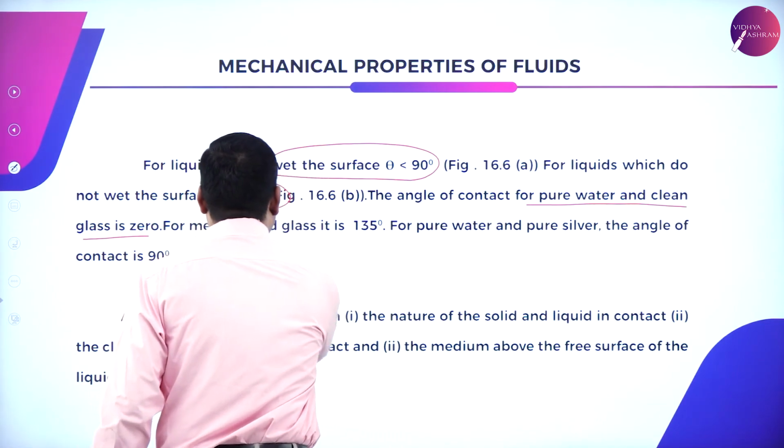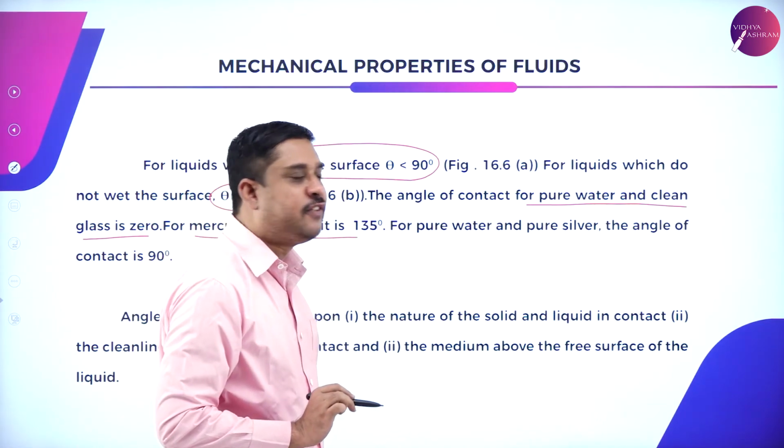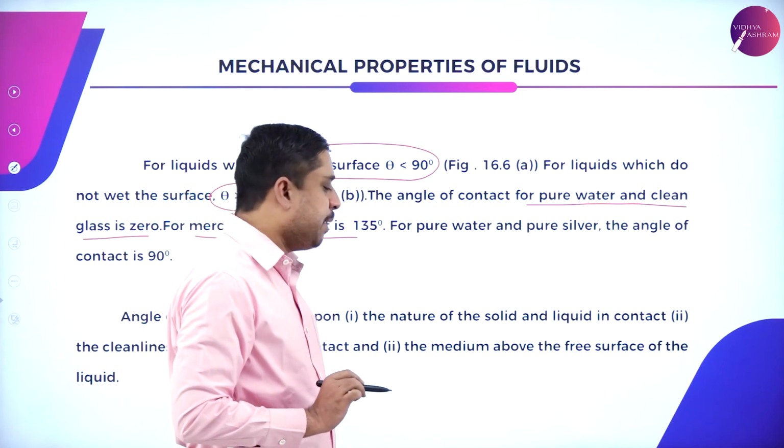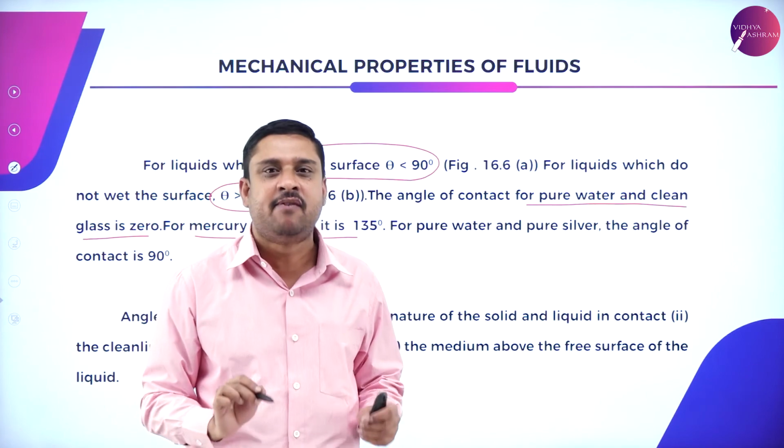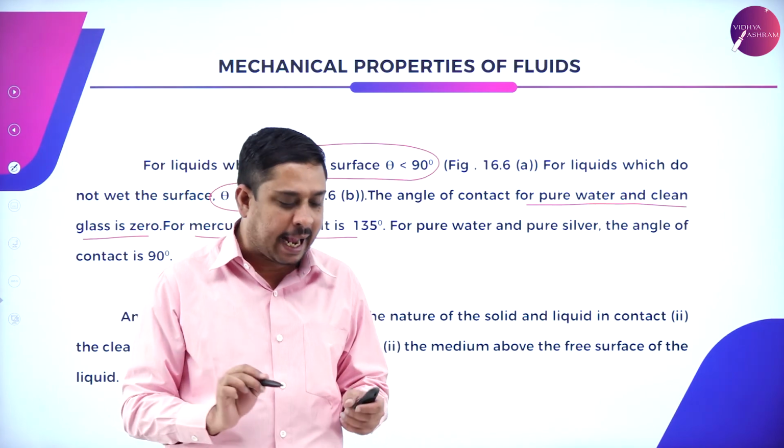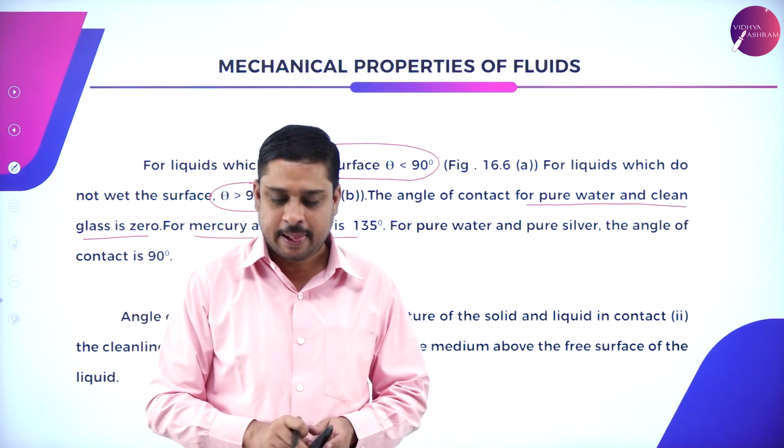For mercury and glass is 135 degrees. So depending on whether it wets or doesn't wet, we define angle of contacts.